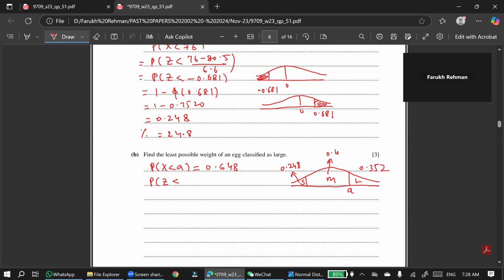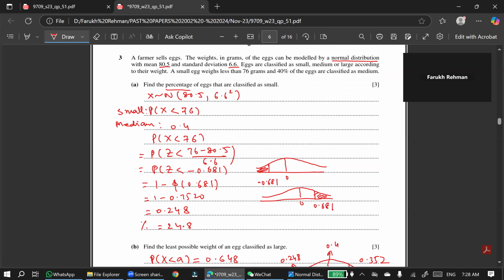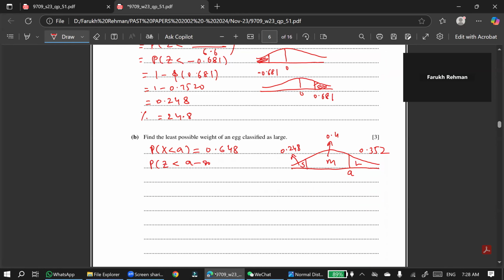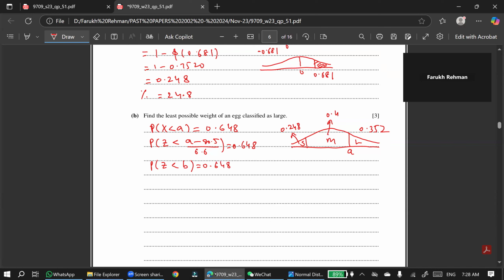Probability of Z less than A minus 80.5 over 6.6 is equal to 0.648. Probability of Z less than, name this value of Z as B, is equal to 0.648.